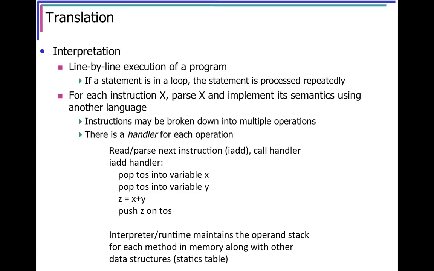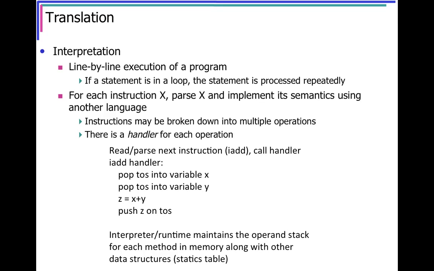That is, it pops the top of the operand stack into a local variable x. This is repeated: the top of the operand stack is popped and put into local variable y. We then add those two values, x and y, and put the result in z, and then we push the value z onto the top of the operand stack.